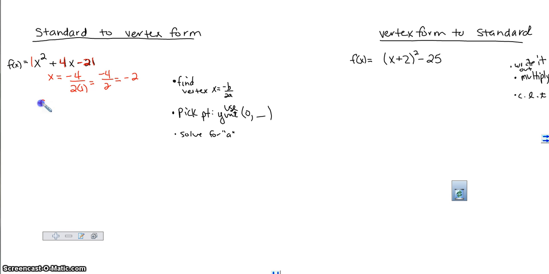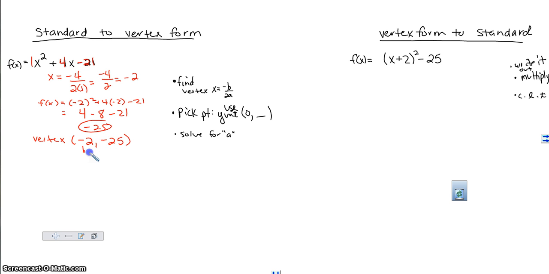So we would have negative 2 squared plus 4 times negative 2 minus 21. Negative 25. So our vertex then is negative 2, negative 25.